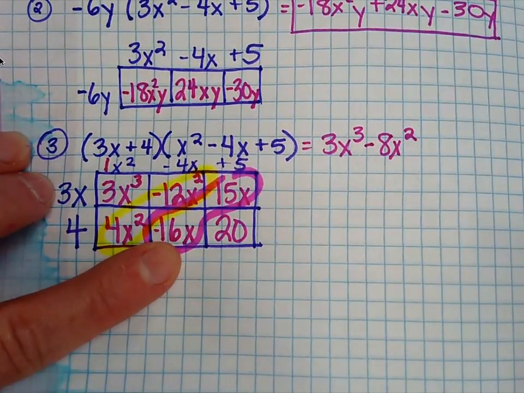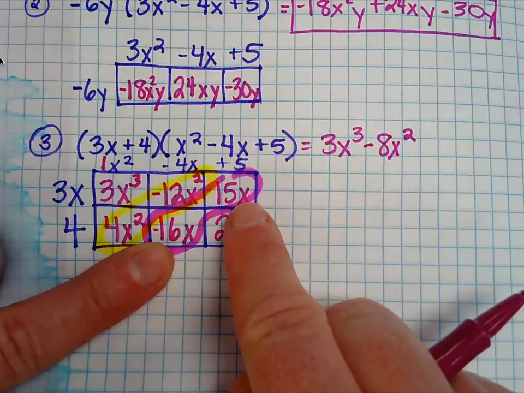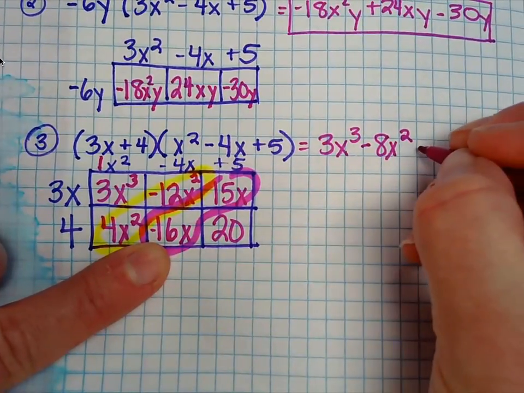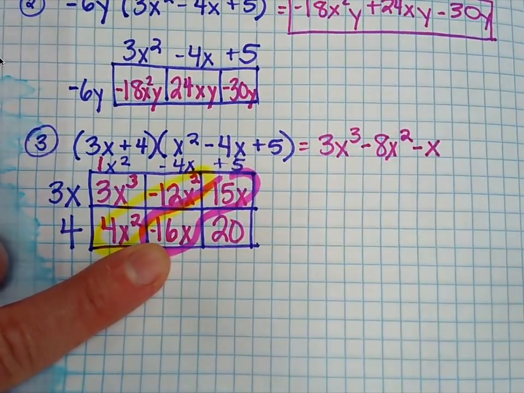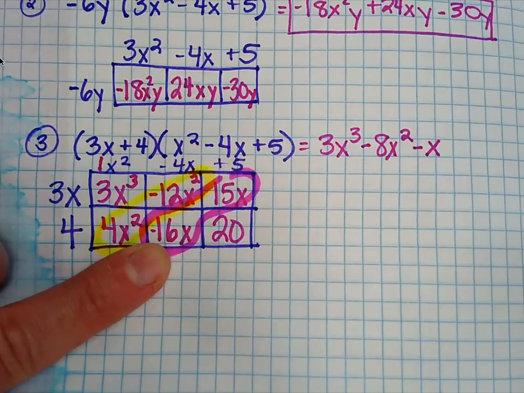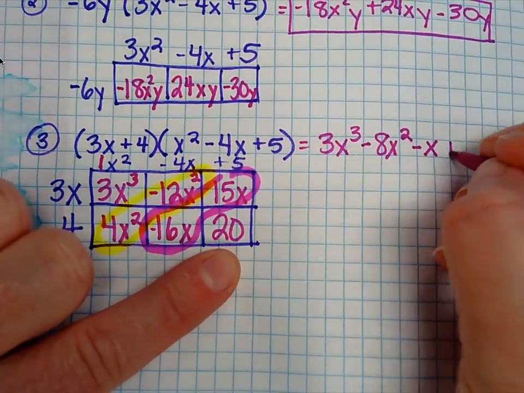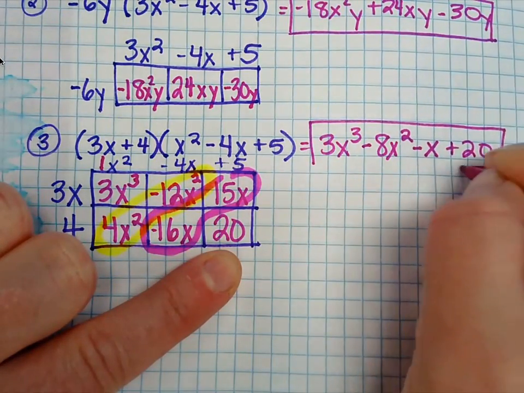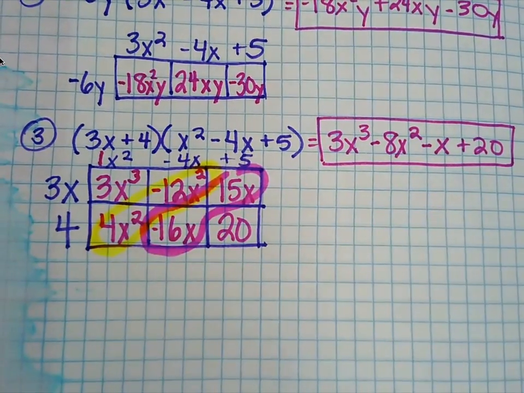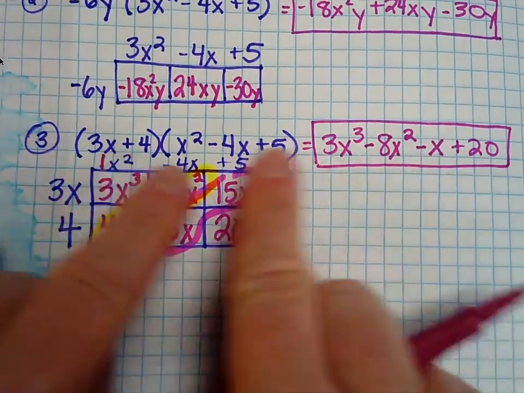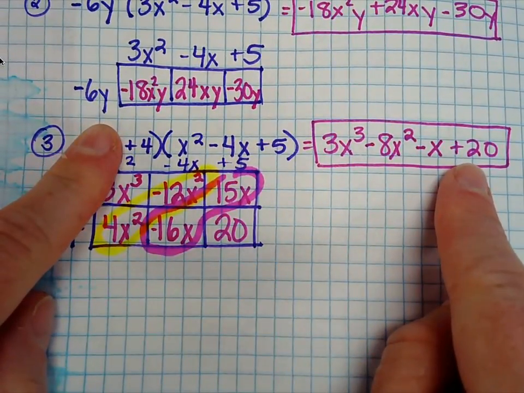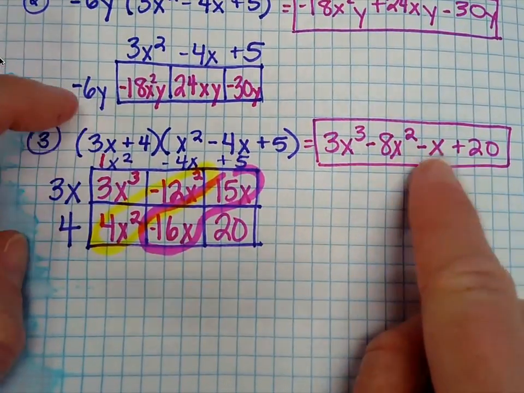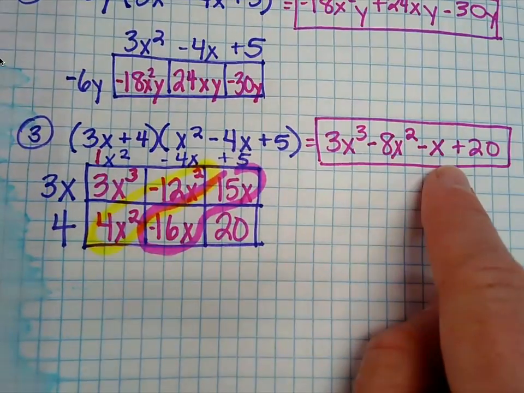Negative 16x and 15x, negative 1x or negative x. And then plus 20. So these are equivalent. The way you could check your answer is to put this into y1, put this into y2, and make sure they have the same table and graph.